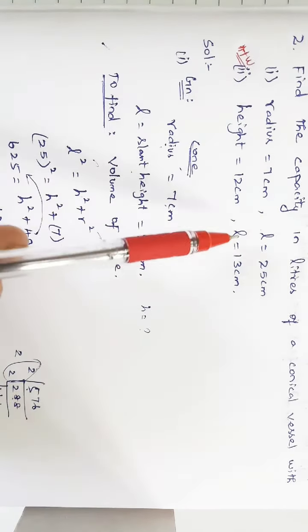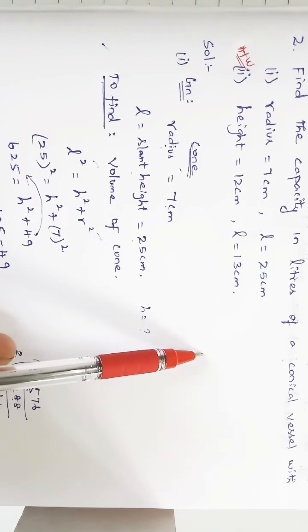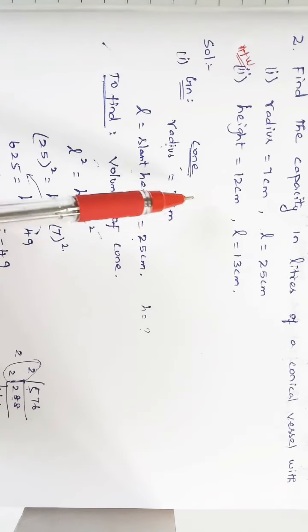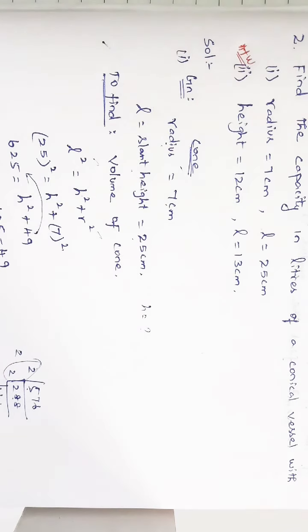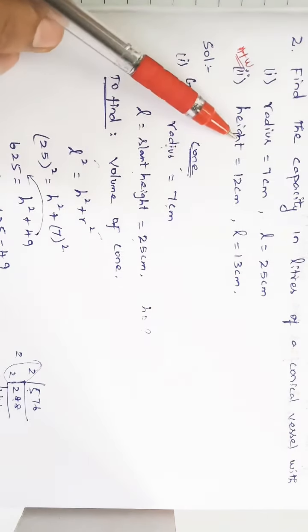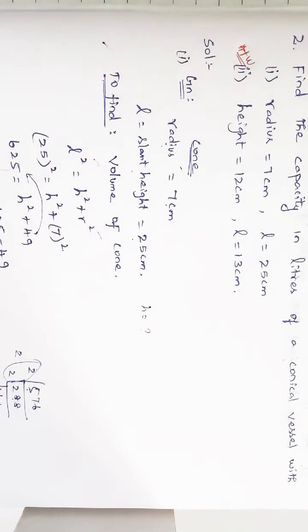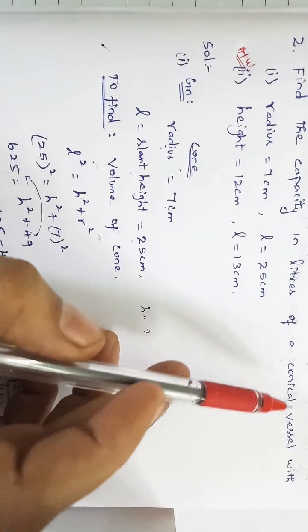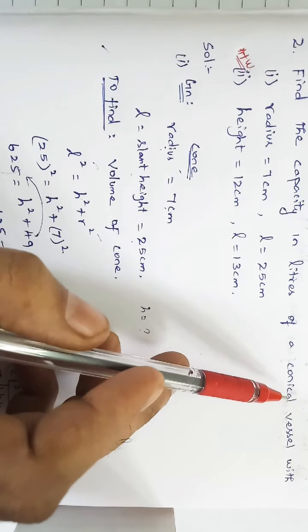Already we know the formula: l square is equal to h square plus r square. We know l and h, substitute and simplify, we will get r. After finding r, and we know h also, substitute in the formula and simplify, we will get the volume of the cone.